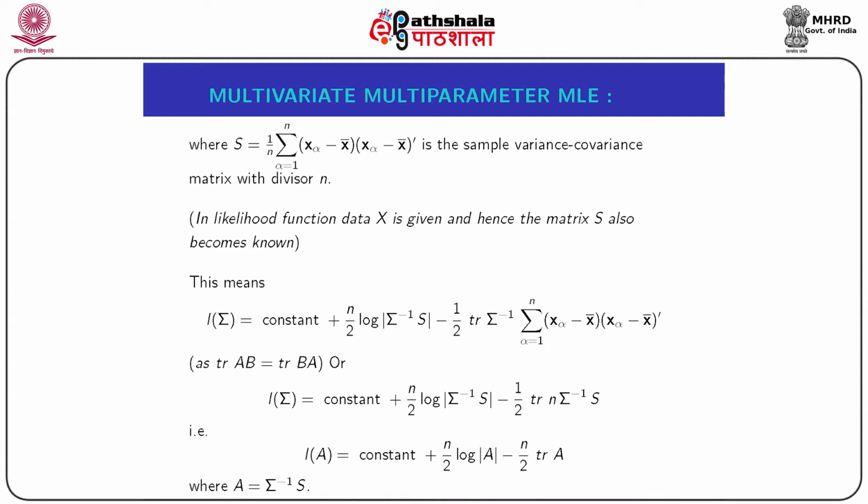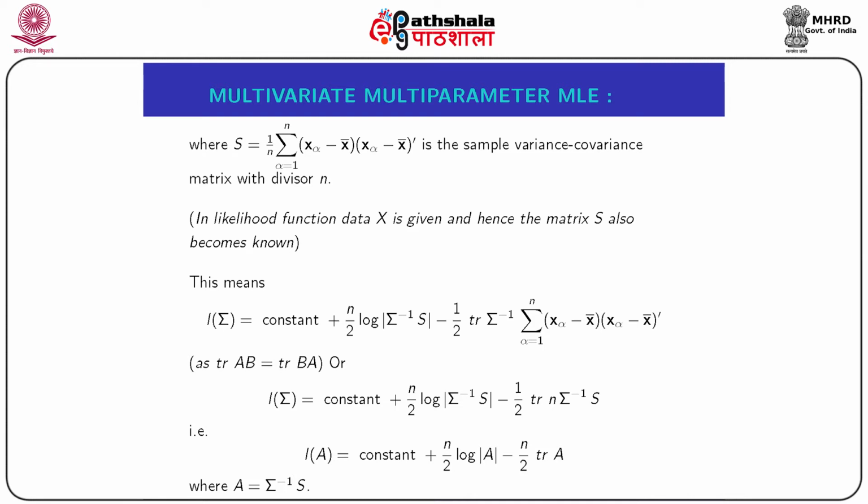As a result, any adjustment in the expression of log likelihood which is described solely in terms of the sample variance covariance matrix S is clearly included in the constant part. Another point to be noted is that the trace of a constant is the constant itself, and that is why we have introduced trace in the log of the likelihood function of sigma.